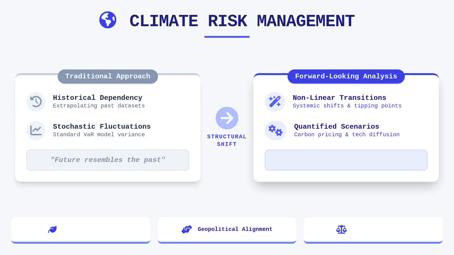Unlike standard value-at-risk models, climate scenario analysis acknowledges that the underlying environment is undergoing a structural change rather than mere stochastic fluctuations. By moving to a forward-looking approach, we detach our risk assessment from the limitations of yesterday and embrace the radical uncertainty of a warming world.